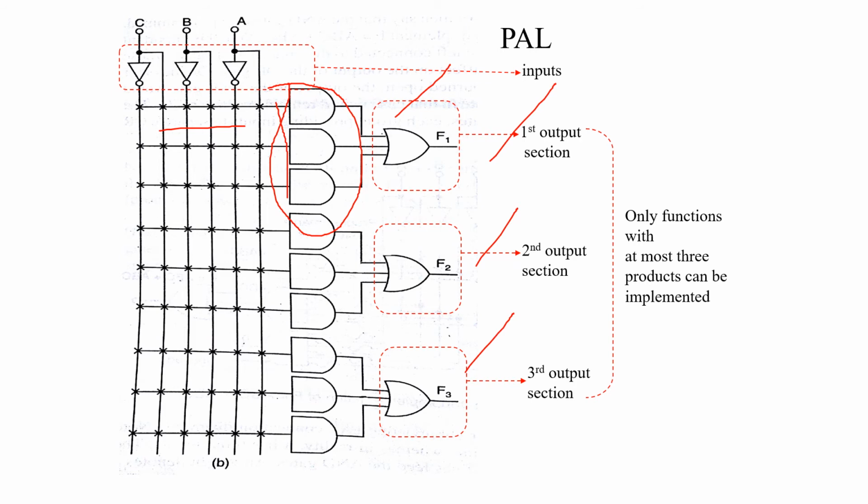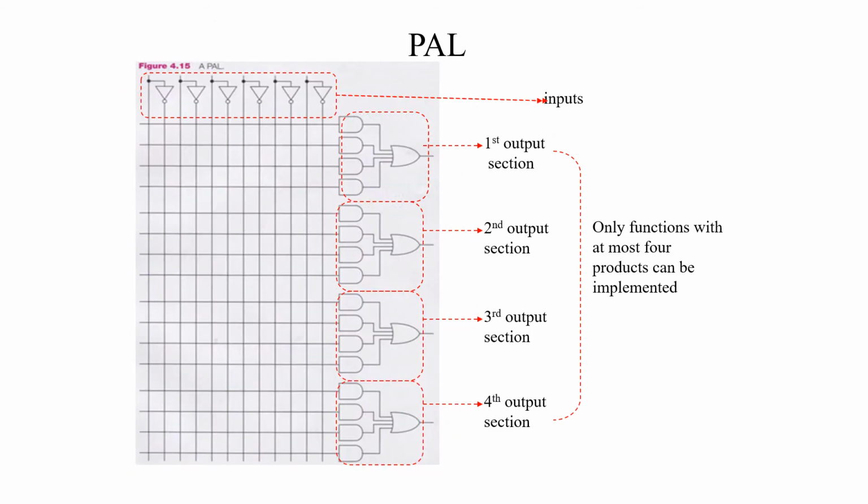Only functions with at most 3 products can be implemented by using this. Here you can see inputs A, B, C, D, E, F. So here only functions with at most 4 product terms can be implemented. So in each output there will be 4 product terms.